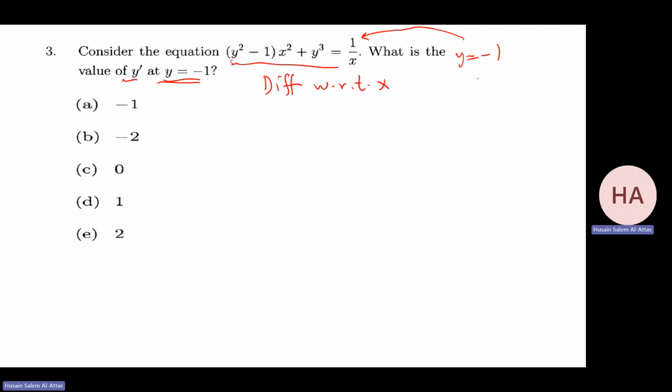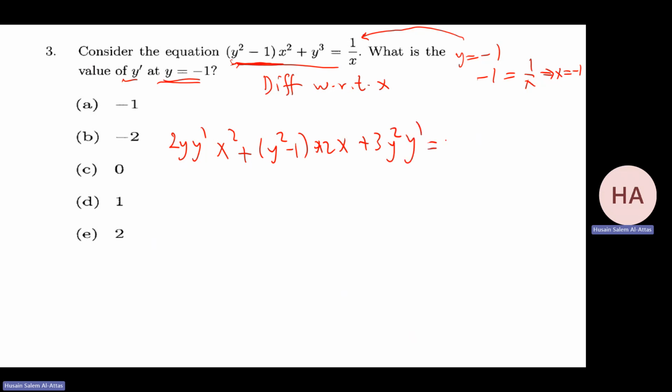So I have minus 1 equals 1 over x. That means x equals minus 1 also. So now differentiate with respect to x. Product: I have 2y y prime times (x squared plus y squared minus 1) times 2x plus 3y squared y prime minus 1 over x squared.